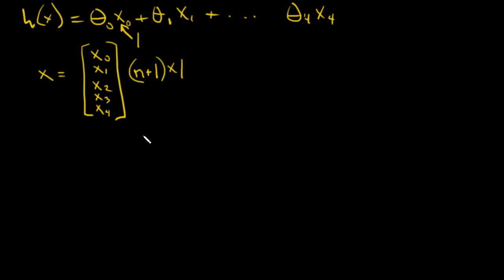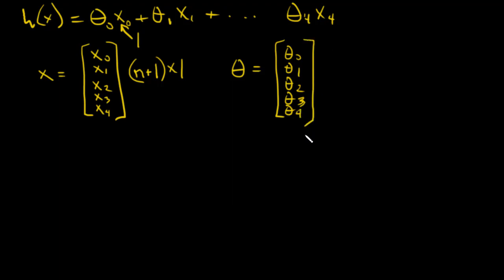Now let's move over to the theta vector, and that's going to be very similarly theta 0, theta 1, theta 2, theta 3, and theta 4, okay?